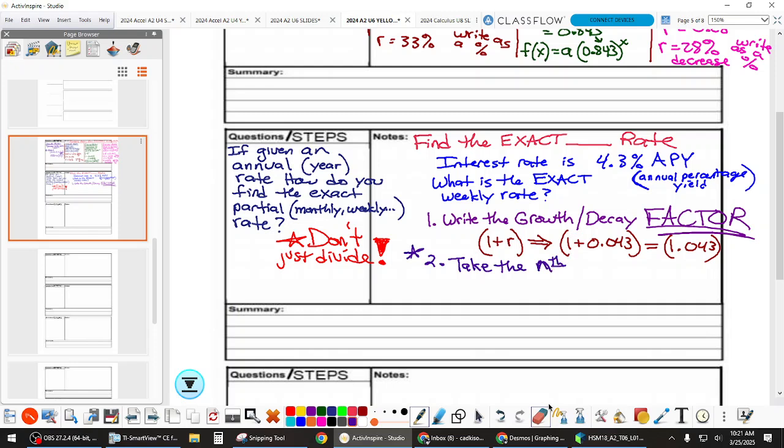Take the nth root of the factor, where n is the number of requested periods in the year.